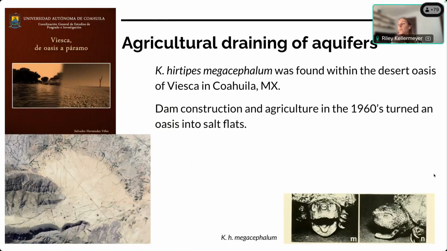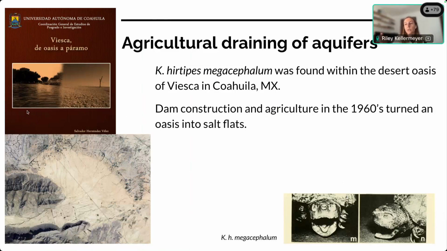So I showed you some pictures earlier of Kinosternon hirtipes megacephalum, this little cutie down here. And this subspecies was first identified in the 1970s in the area of Viesca in Coahuila, Mexico. At the time, Viesca was an oasis.